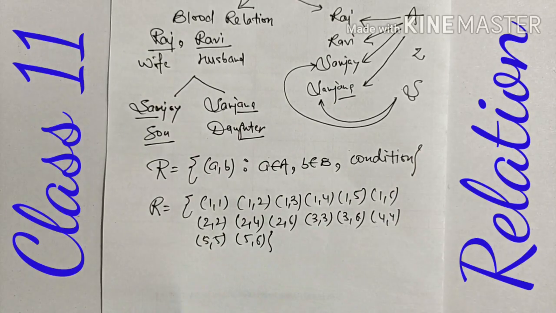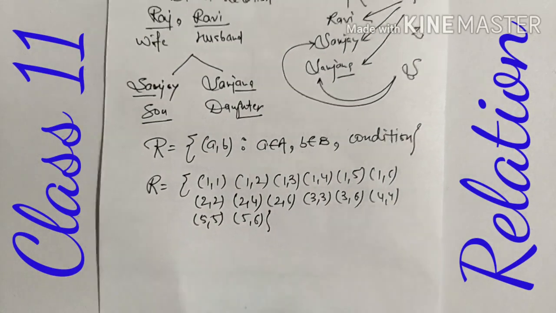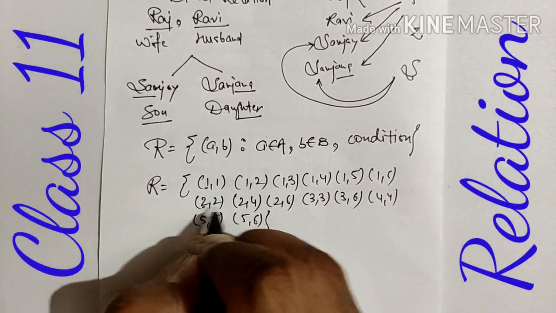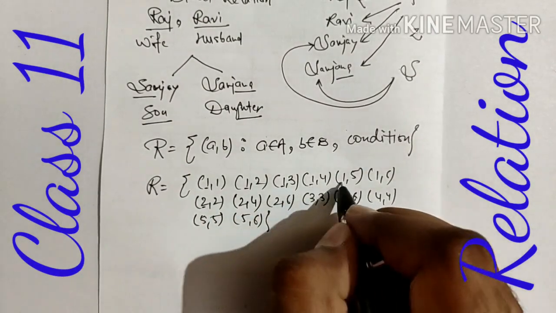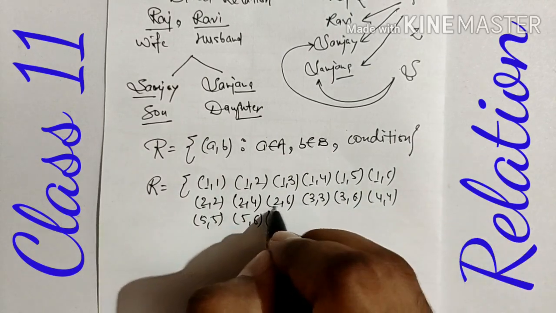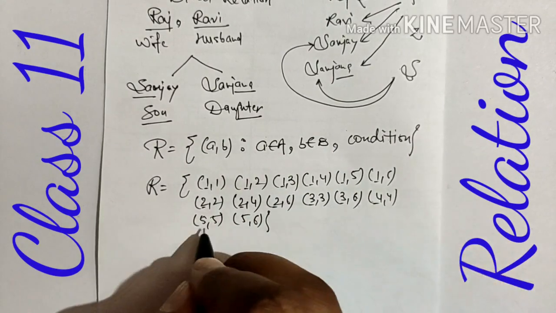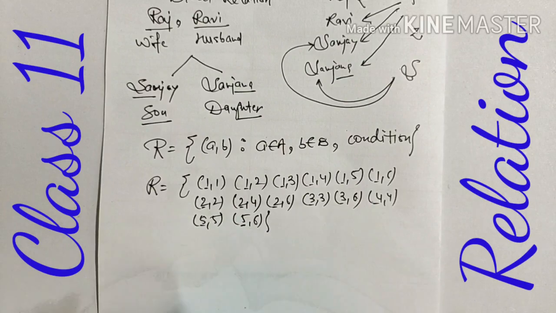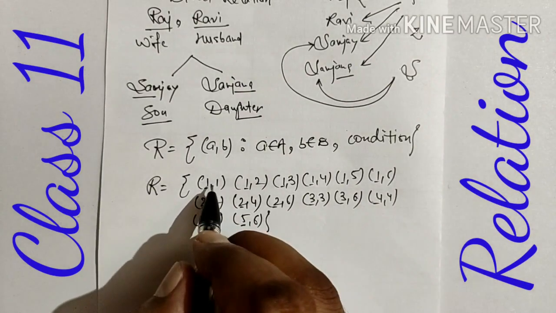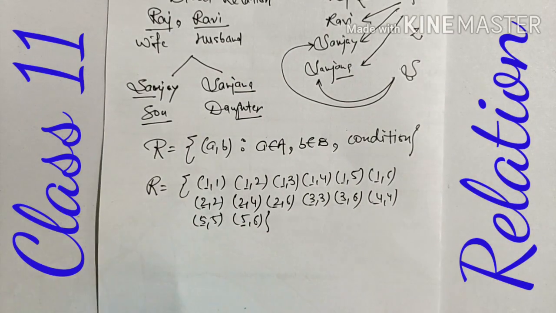As you know, this is known as roster form. If we see carefully, the first element of every ordered pair divides the second. Otherwise, we can say the second element is a multiple of the first.